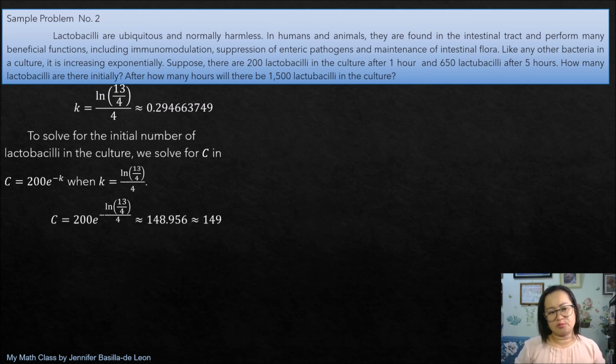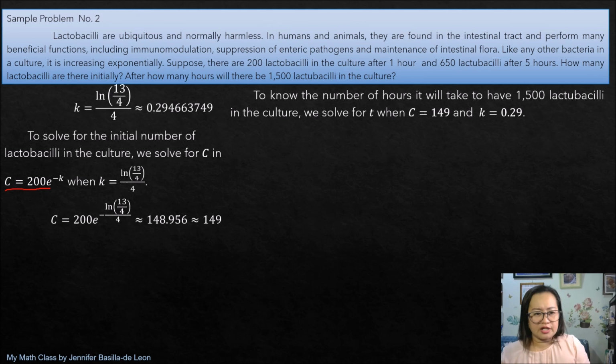To solve for the initial number of lactobacilli in the culture, we will solve for C in the equation C equals 200e^(−k). So C is equal to 200e^(−ln(13/4)/4), which when simplified is approximately equal to 149.